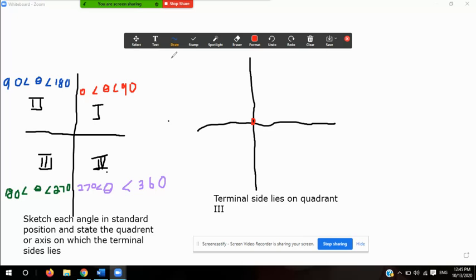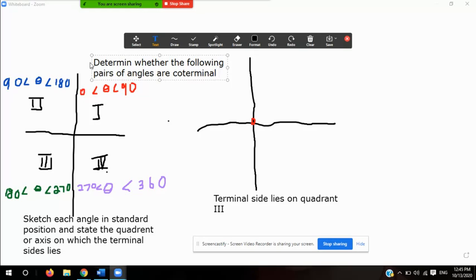Example number 2 says: determine whether the following pairs of angles are coterminal.